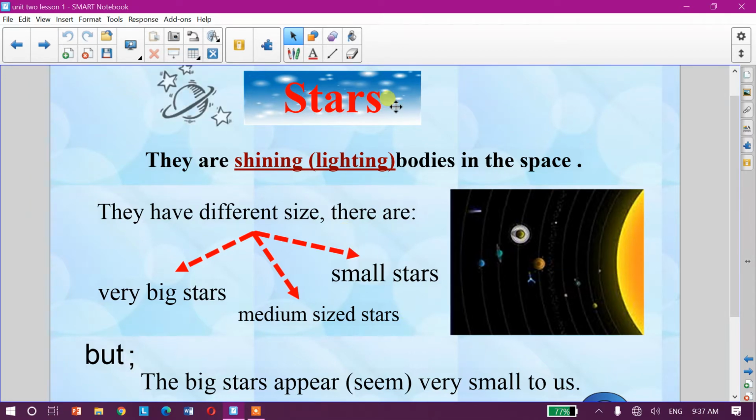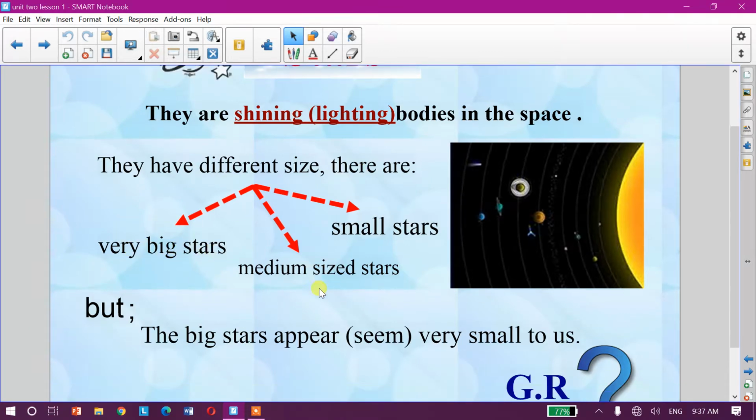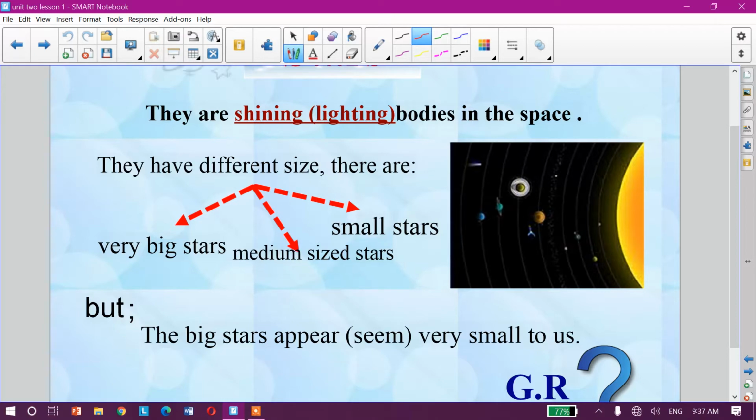Okay, we had before stars, and we know that stars are shining or lighting bodies in the space. They have different sizes. There are very big stars, medium-sized stars like what? Who can answer me? Yes, like the sun.